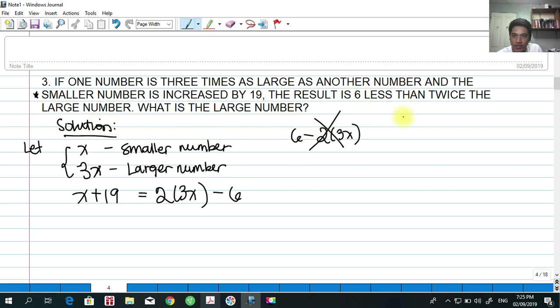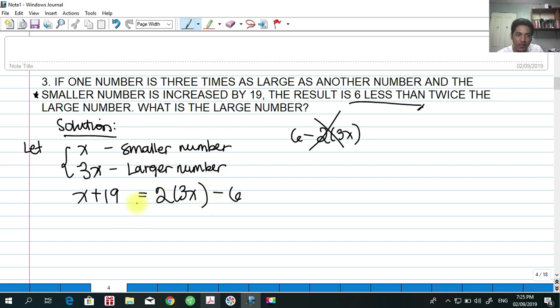If you see 6 less than twice, perform first the second condition, after that 6 less than, which is what we did. Twice the large number, okay? Twice denotes times 2. The large number is 3x. Then we perform the less than. The less than is actually a subtraction sign. So we have 6 less than twice the large number.